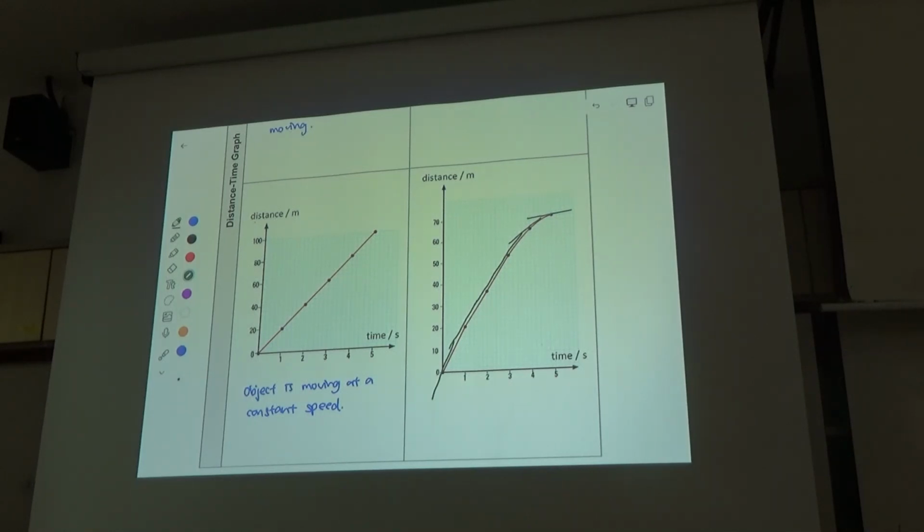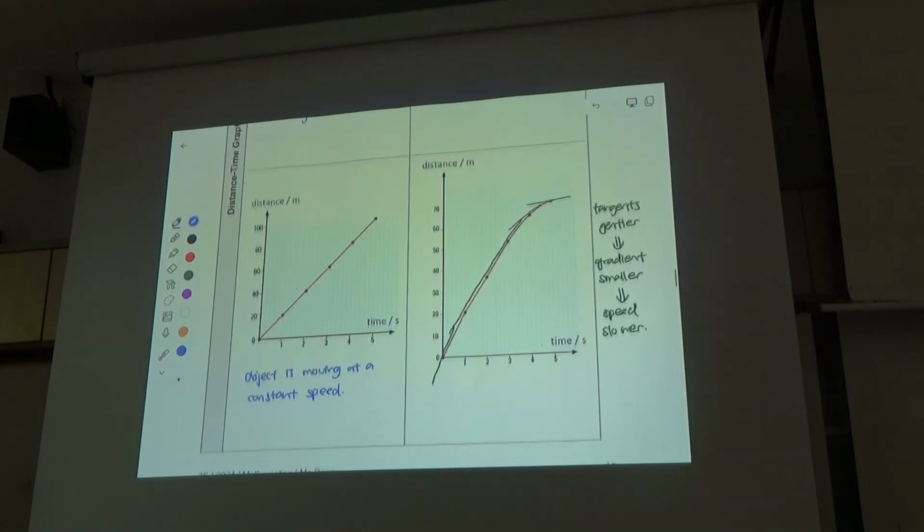Your speed is slower. So, tangents gentler, gradient smaller, and therefore your speed is slower. So what this means is that your object is moving at a decreasing speed.